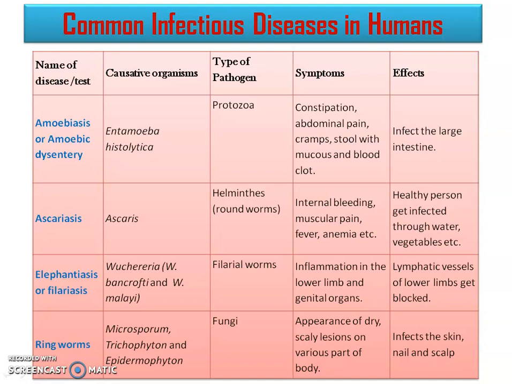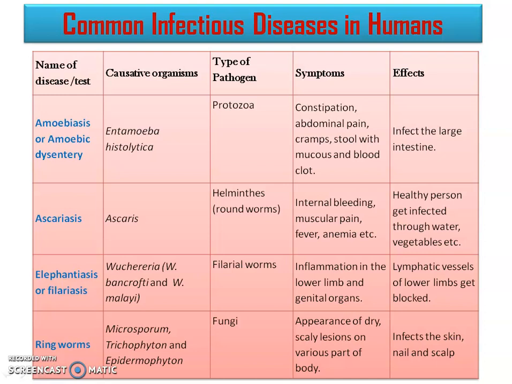The next disease is ascariasis, which is caused by worms commonly termed roundworms, whose scientific name is Ascaris, specifically Ascaris lumbricoides. Here the symptoms include internal bleeding along with muscular pain and fever, and anemia is also there.